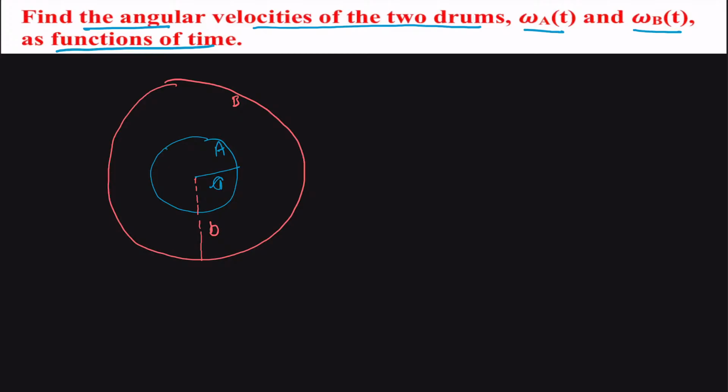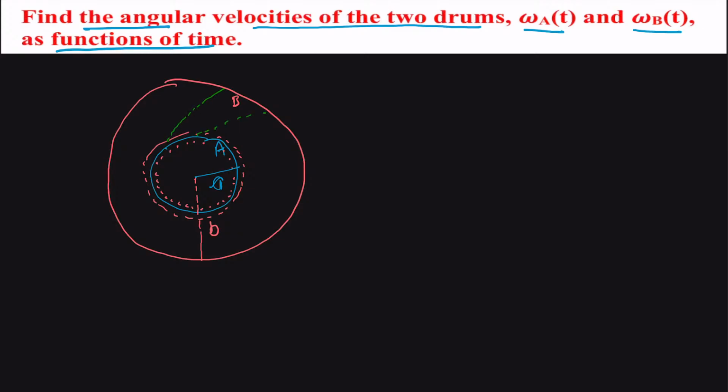Okay. And there is sand which is placed inside the drum A. And there are certain holes on this drum A, and when these holes are opened, the sand is going to fly from drum A toward drum B, something like this.